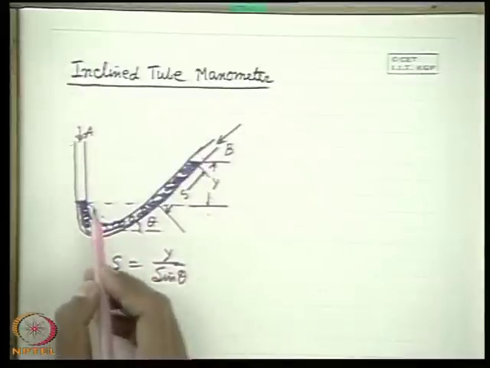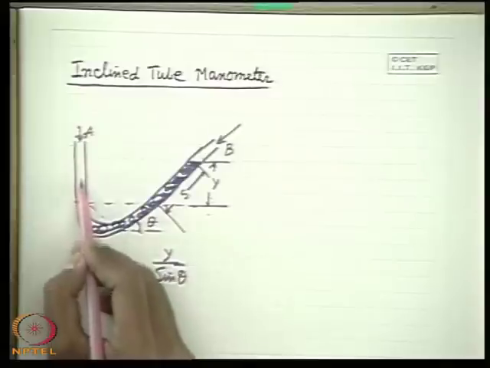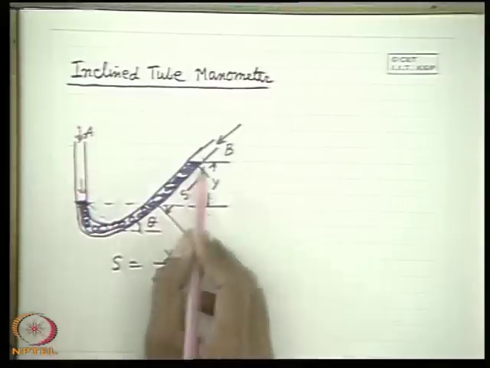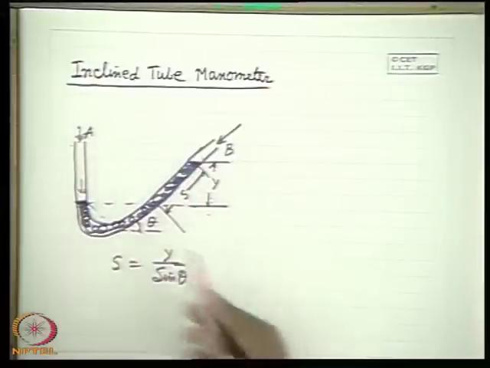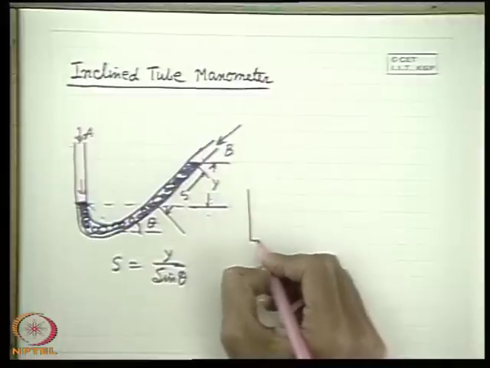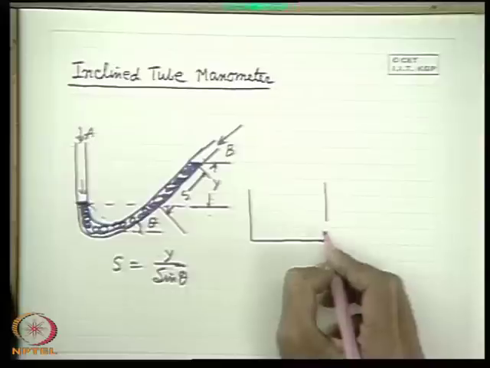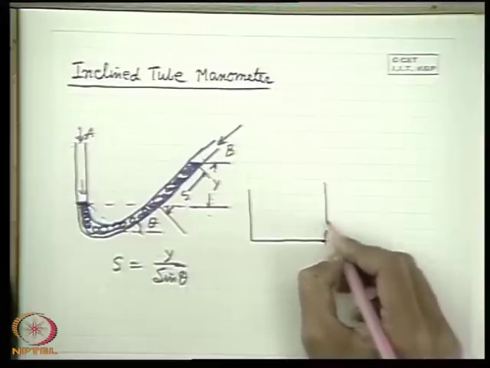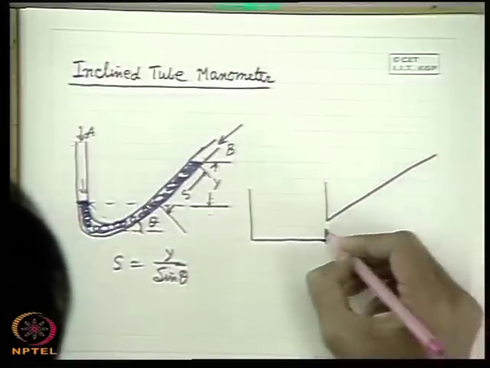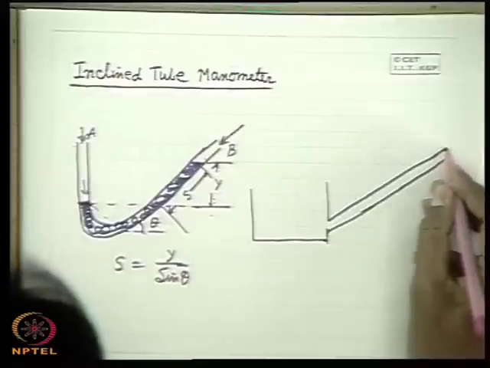Usually we have to find out the difference of level, that means we will have to find out S when the pressure is applied. That means we will have to recognize the deflection here and the deflection here. But to avoid this, one part is made with a larger cross section compared to the other part. Why? In that case, only the movement of the liquid in one limb is sufficient to be read.